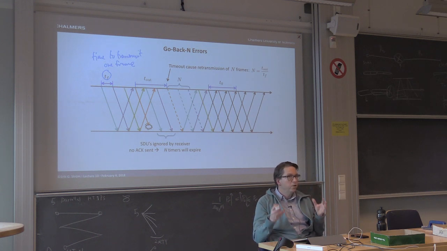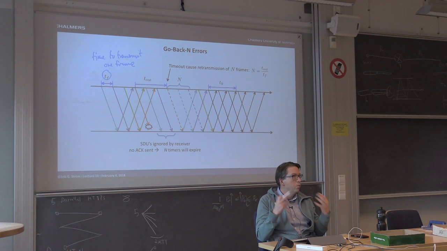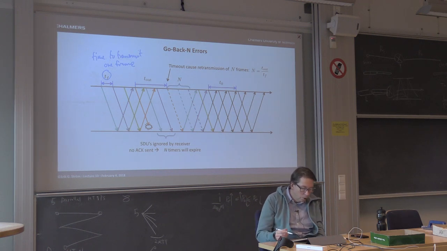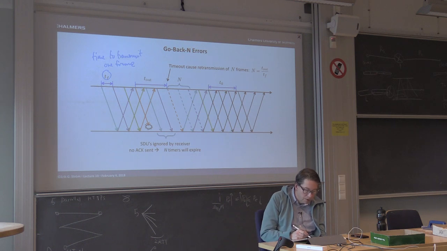So here the transmitter is really pushing out frames as quickly as it possibly can. We have sequence numbers here. The first frame, let's call it blue, even if it's not blue, comes here to the receiver, and the receiver would like to see the purple one next.